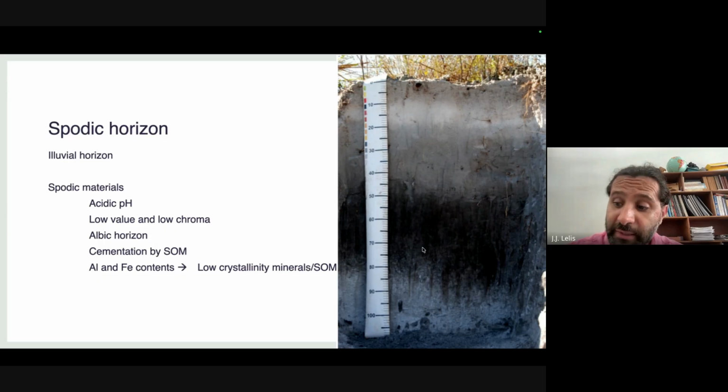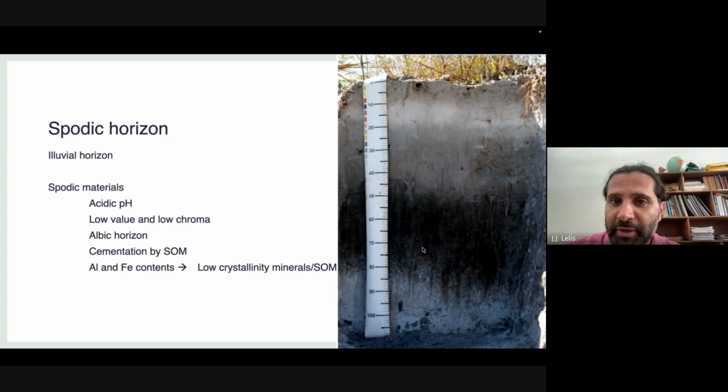Okay, in some cases it's also quite common that aluminum and iron can also migrate with organic matter. Sometimes the migration of organic matter is not so intense, and then you register reddish or yellowish colors more related to the iron oxides. Okay, so you can register migration of only organic matter.